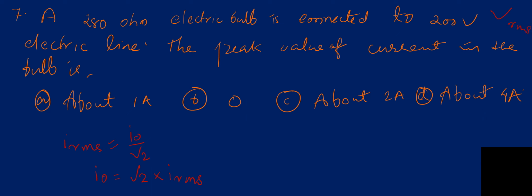So we can find out IRMS, that is Vrms divided by resistance, given as 280. So it is 200 divided by 280. That is 5 by 7. We can put this value here, that is root 2 into 5 by 7. That will give approximately 1 ampere. So the correct option is about 1 ampere.